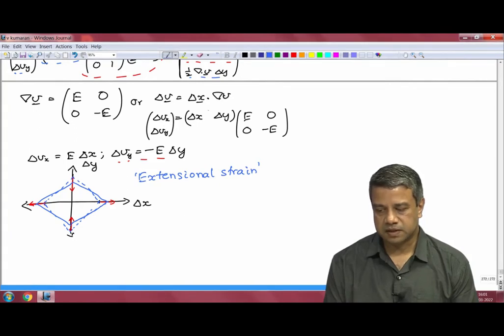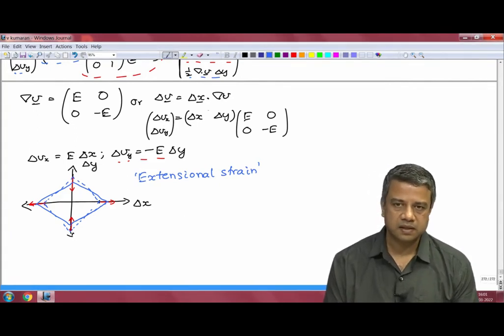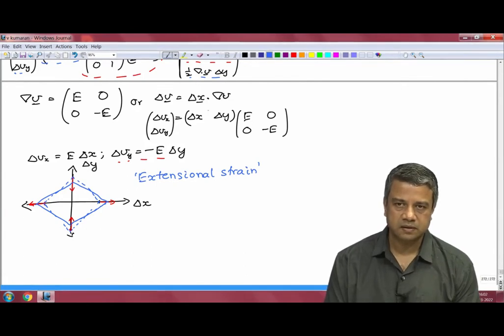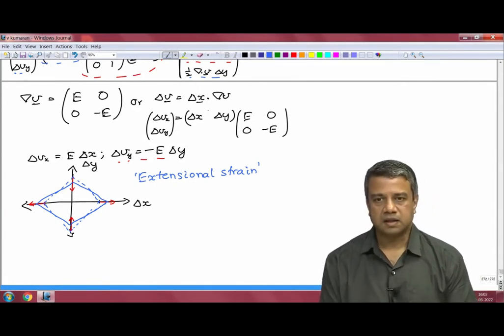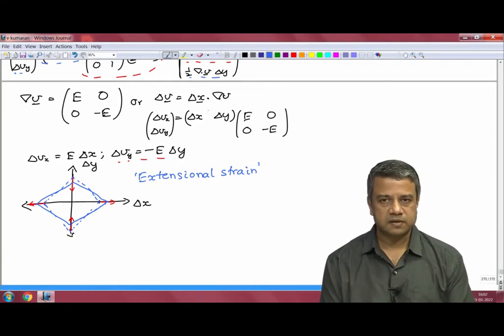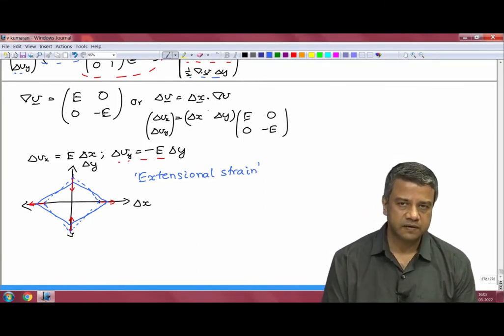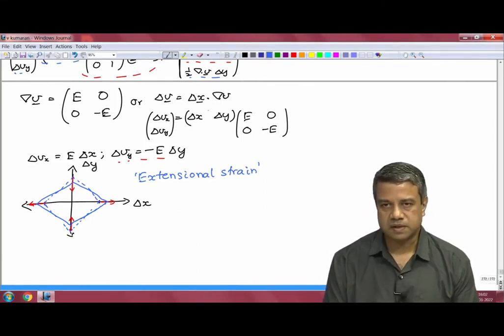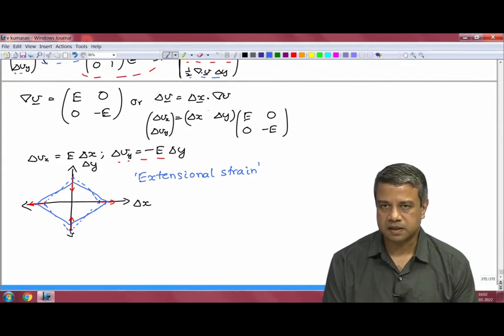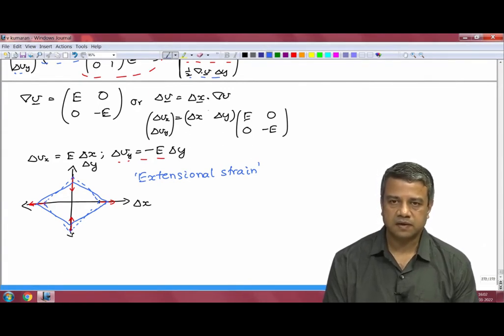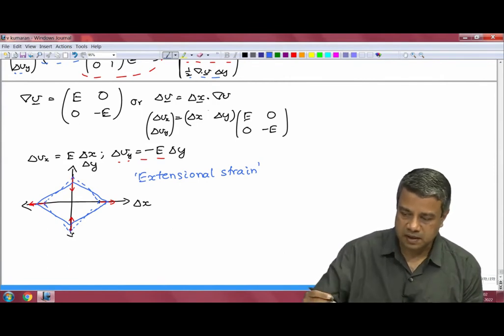Therefore, if there is extension along one direction, there has to be compression along the orthogonal direction. The direction of compression or extension is the direction of the eigenvectors, and for a symmetric matrix, the direction vectors are orthogonal. So, there is extension along the direction where the eigenvalue is positive and compression along the orthogonal direction where the eigenvalue is negative. Both of these happen at equal rates.